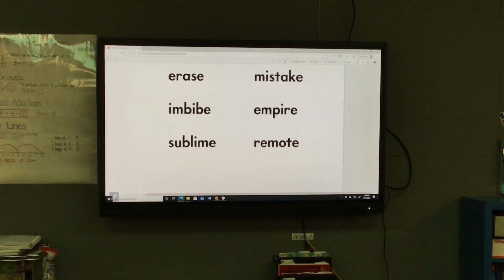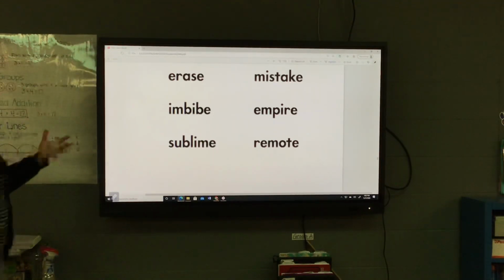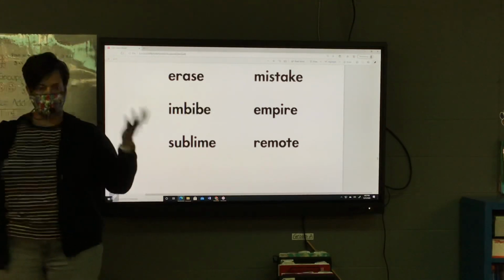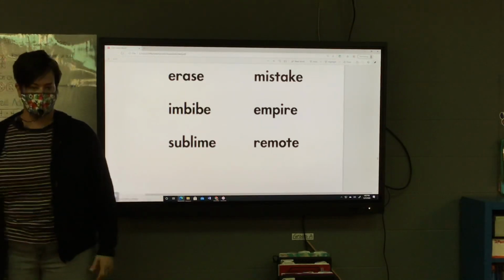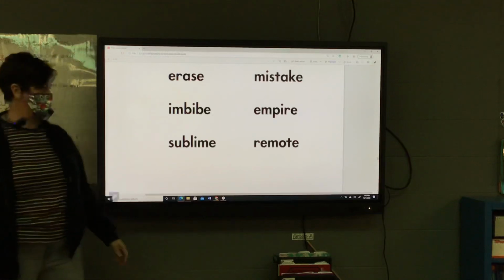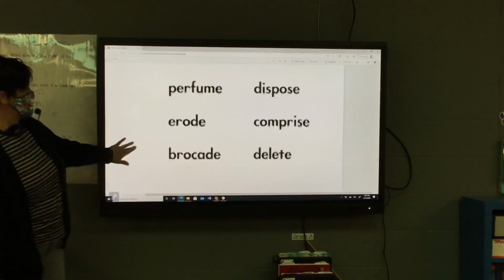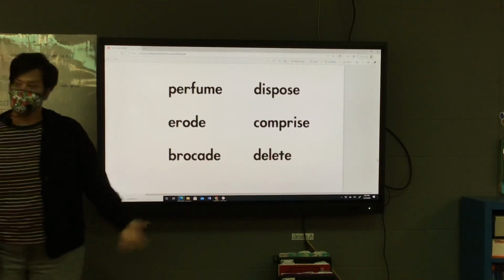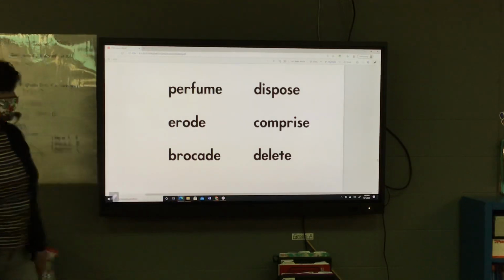Okay, so it means to like absorb knowledge. So basically it means to learn new things. Okay? Makes sense. We just did, right? Yeah. Okay.